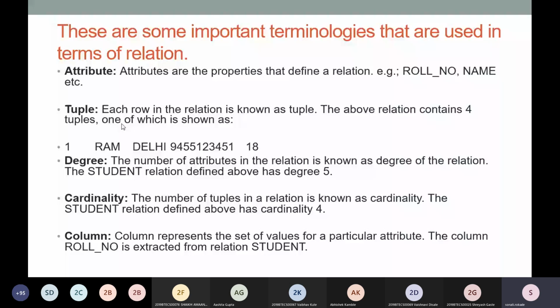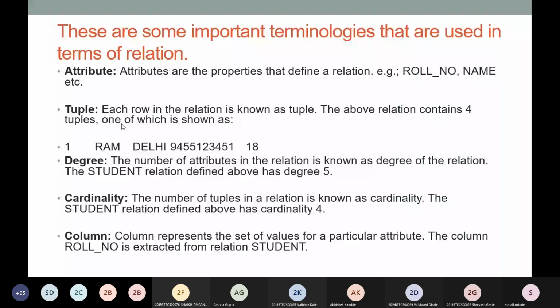Second one, cardinality. What is cardinality? It is the number of tuples available in that relation. So how many rows are available in that relation is called the cardinality. Yesterday we used 5 rows in that table, so the cardinality of that relation is 5.